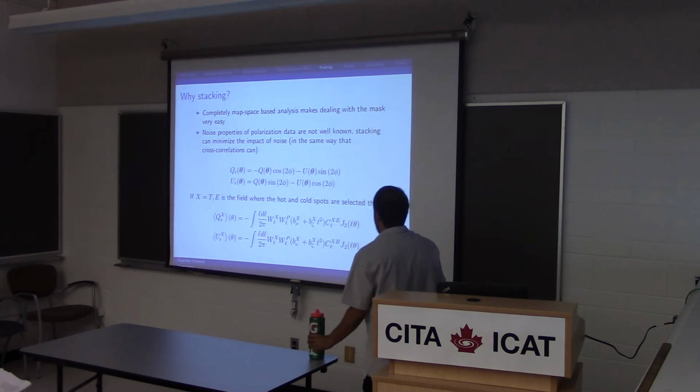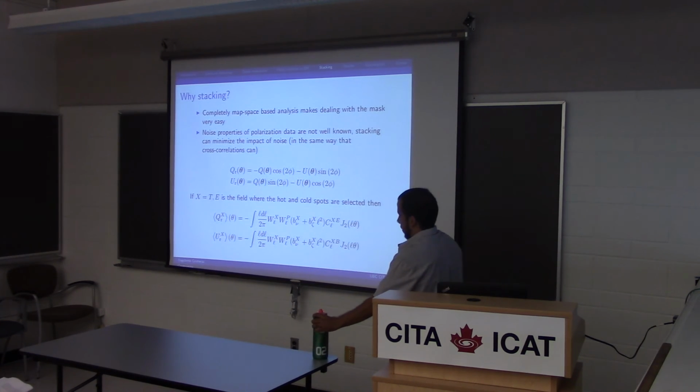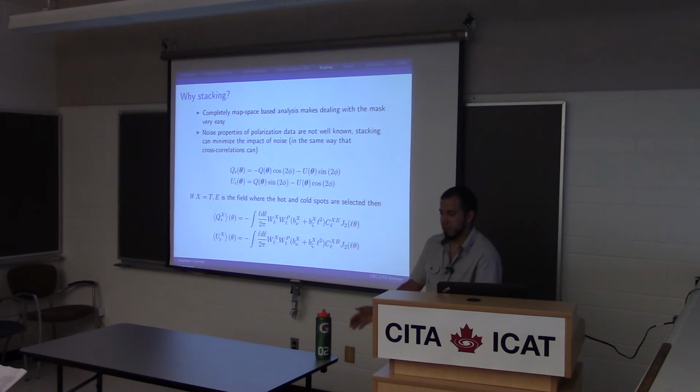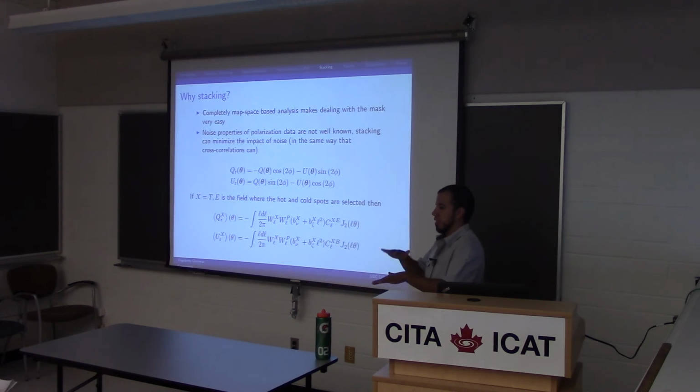The other reason is, as I mentioned before, the polarization data of Planck was released with a whole bunch of red flags, one of them being that the noise properties of the data are not completely well understood. With the process of stacking, you can minimize the impact of the noise.